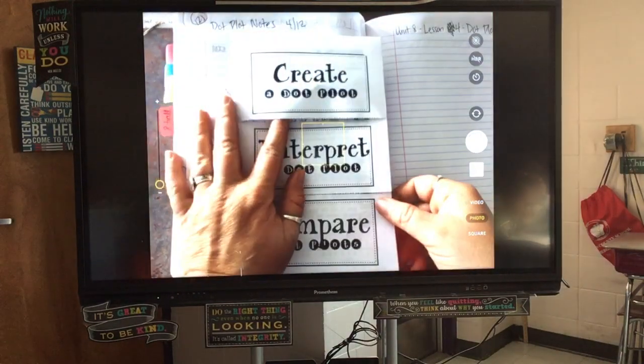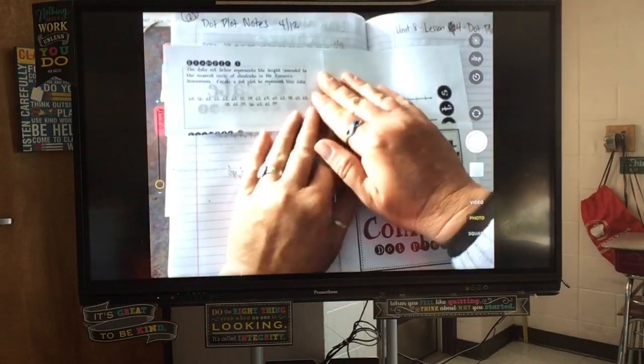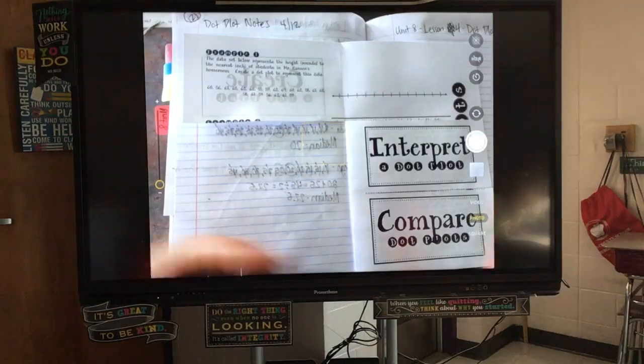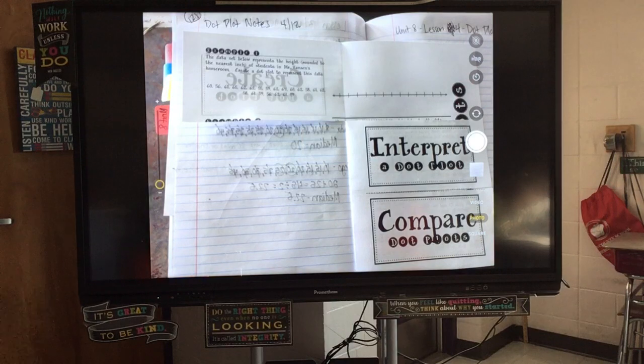So when you are creating a dot plot, you essentially use what kind of line? Sophia? Number line. Does our number line have to start at 0? You're saying no? It does not have to start at 0.